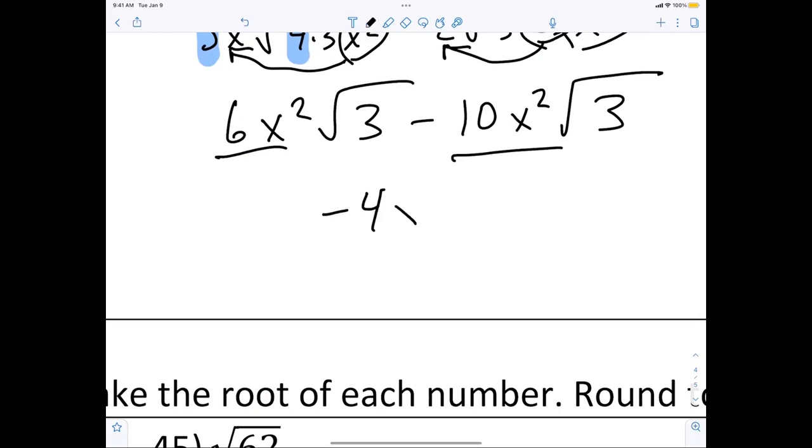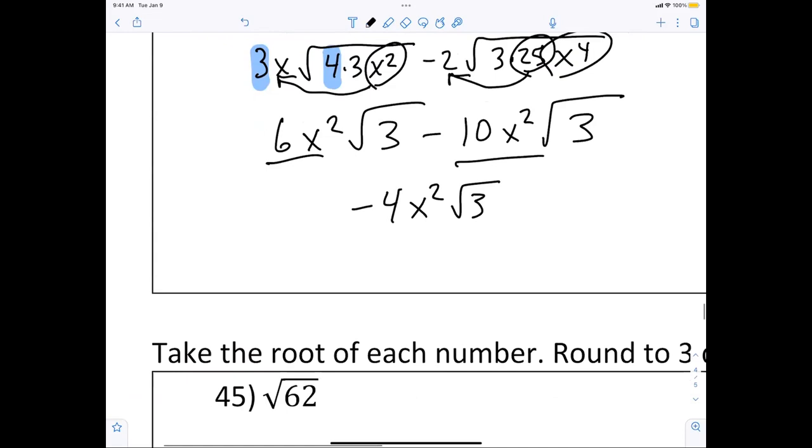So now what's this? Negative 4 what? How's that, Misha? You know that? Good. That's actually hard. We say you got 4, we just use 6 minus 10. 6 minus 10 is negative 4.